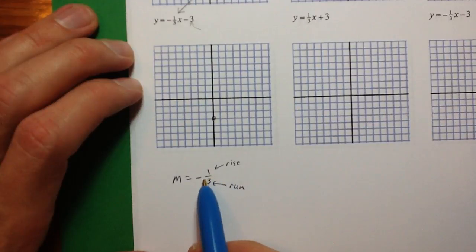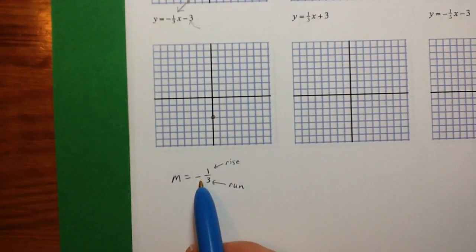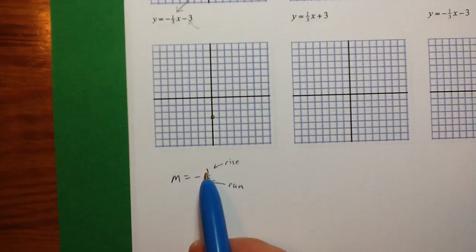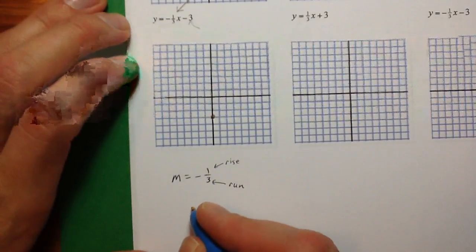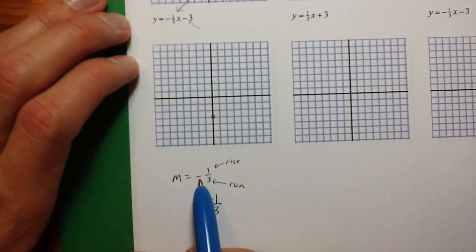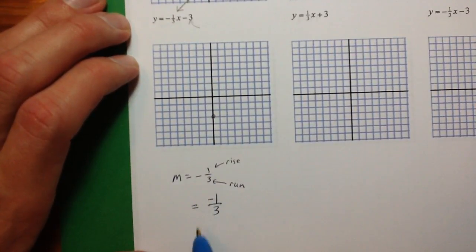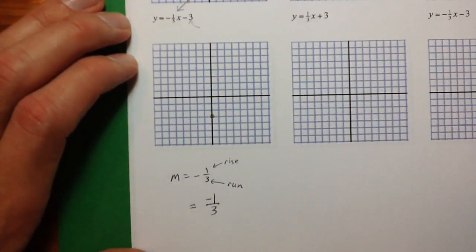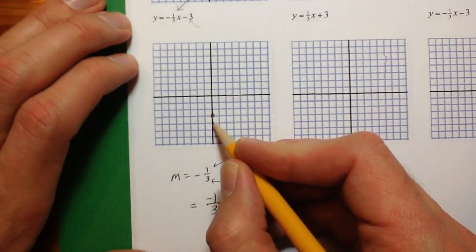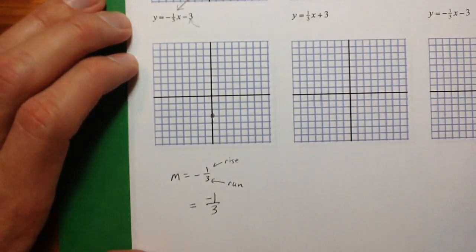But now I don't have a rise so much as I have a fall. Okay, let me explain. What I'm going to do, and you don't have to do it this way, is give this negative to the numerator. I'm going to pretend like it's -1 divided by 3 instead of negative in front of the whole thing. They're the same thing. But now I'm not going to rise 1, but I'm going to fall 1. I shouldn't have put that dot right where I put it.